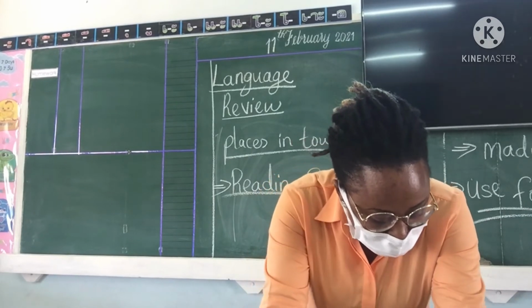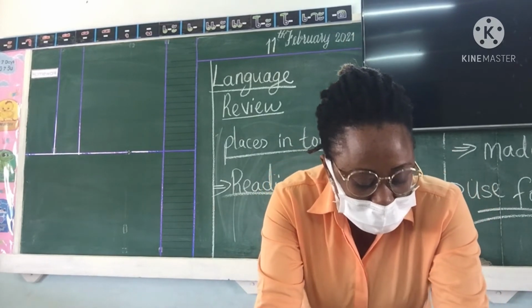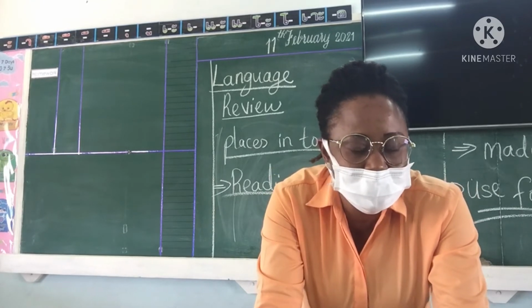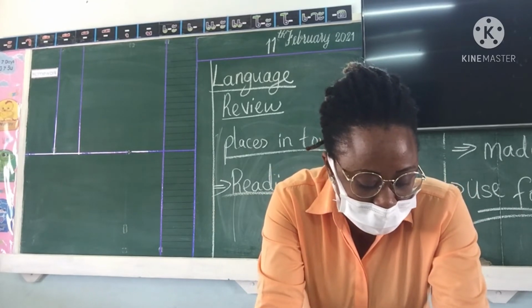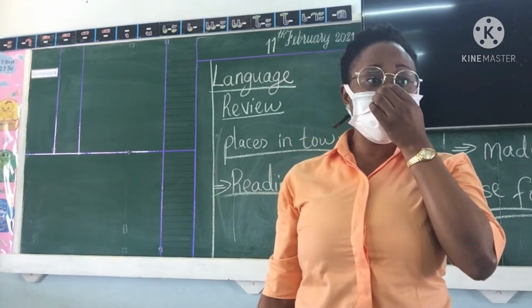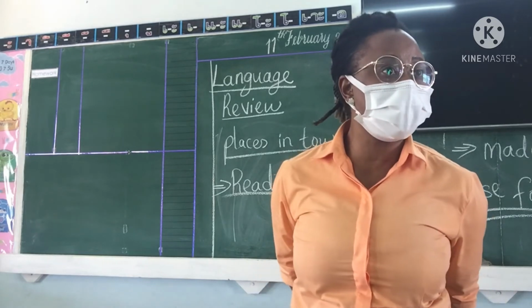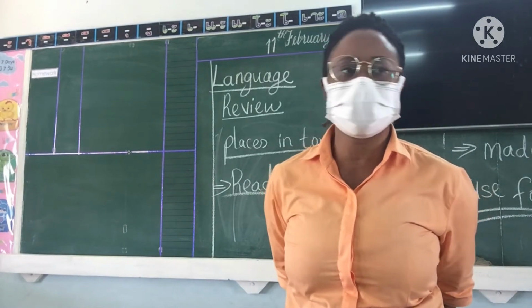Why did John Suter not want to tell anybody about the discovery of the gold? Because John Suter told James Marshall to keep it a secret. Why did he do that?